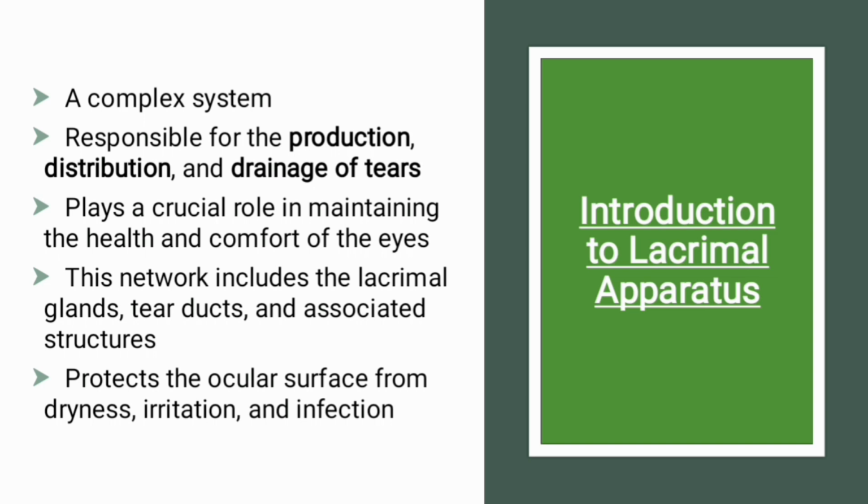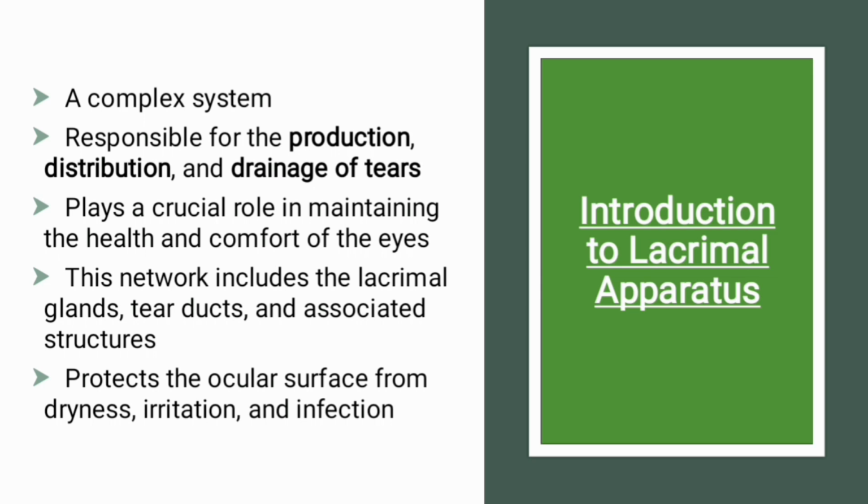So this network includes the production system. The tears are produced by a gland, which is the lacrimal gland. Then the tear ducts are there. What is the purpose of the tear ducts? The secretions from the lacrimal gland are secreted through the ducts, the tear ducts, and from the tear ducts they get onto the ocular surface, that is basically the eye, right?